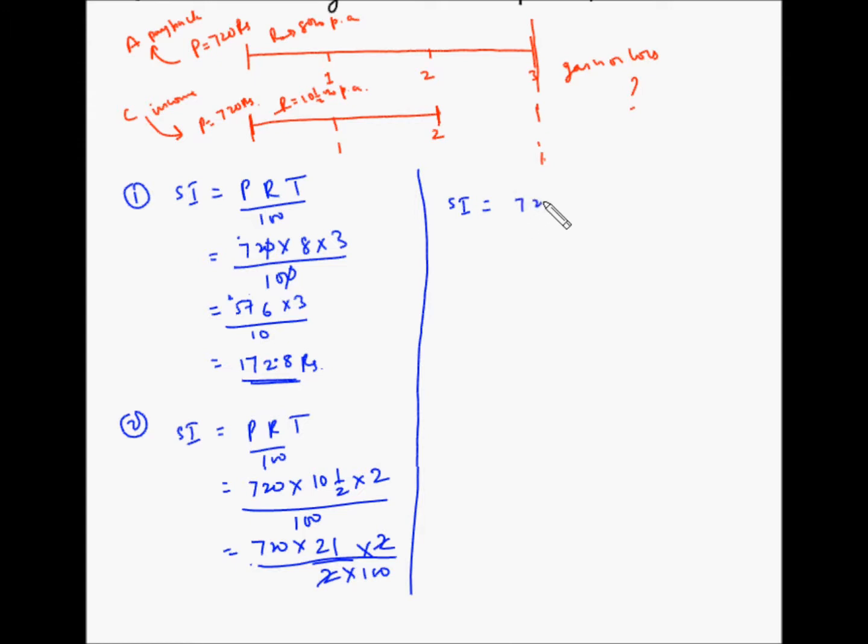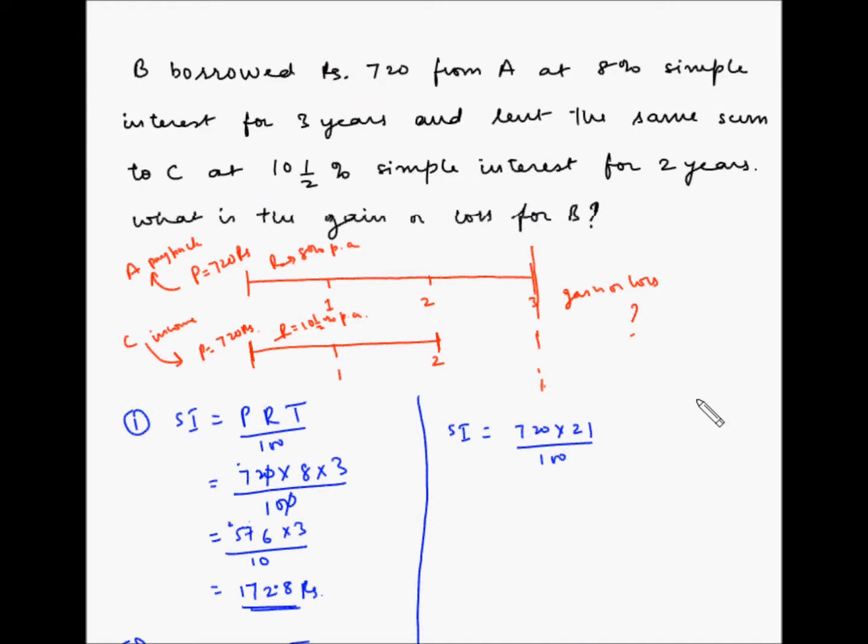So this is 720 multiplied by 21 divided by 100. So 72 multiplied by 21, 2 1s are 2, 7 1s are 7, 2 2s are 4, and 7 2s are 14. This is 2, 11, 5, 1. So this is equal to 1512 and this 0 here, divide by 100. So this becomes 151.2 rupees.